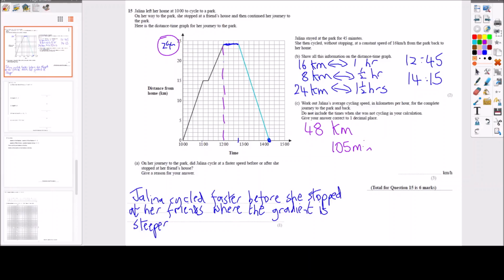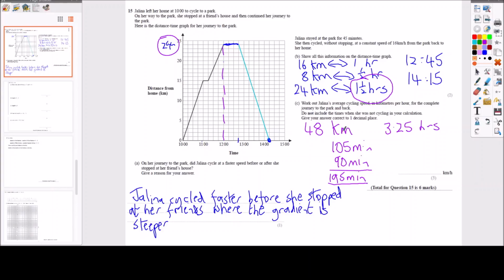And then the distance home, which we worked out in part B, took 1.5 hours, which is another 90 minutes. So that is a total of 195 minutes. Now 195 minutes is 3 and a quarter hours. Remember, 3 sixes are 18, so that's 3 and a quarter hours, so that's 3.25 hours.